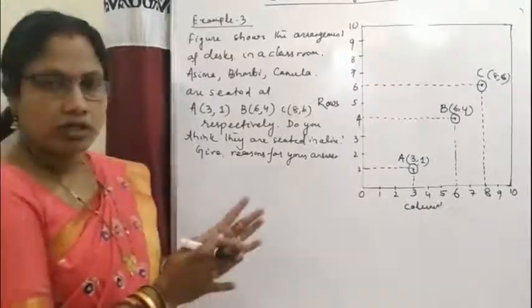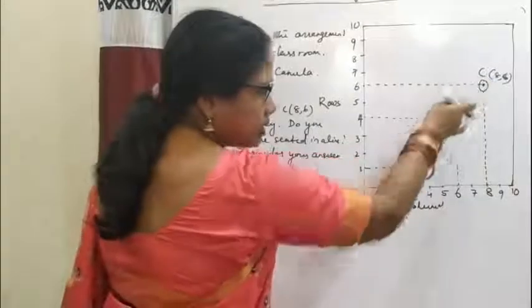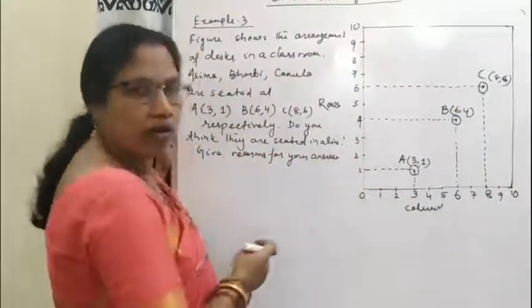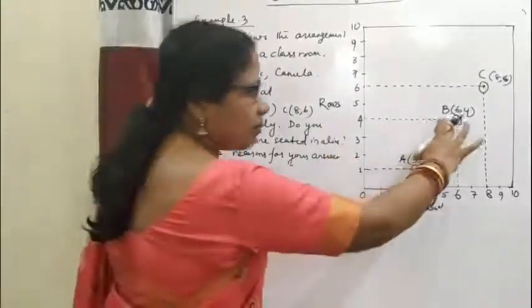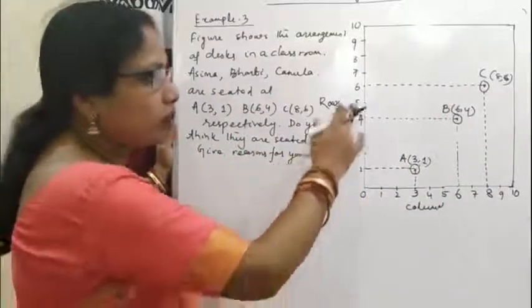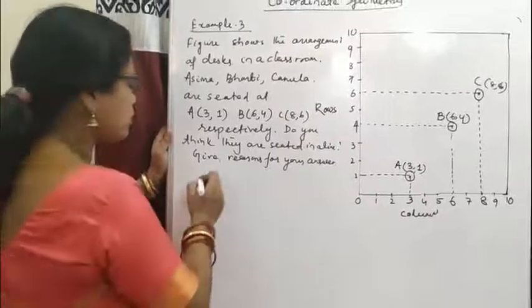So by using the distance formula, we have to find whether A, B, C, these 3 points, are in a straight line or not. How to find this? If AB plus BC is equal to AC, then the 3 points A, B, C will be on a line. So let us find out AB.